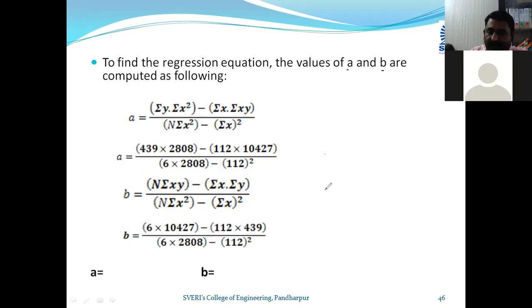So whatever values we have calculated, friends, n, summation x, summation y, summation x square and summation xy, based on these 5 values only we are trying to solve the numerical. That's it. Okay, so calculate and let me know the values, put in the chat box.